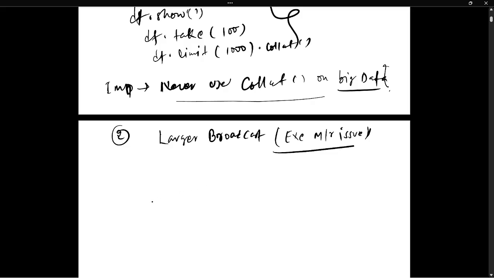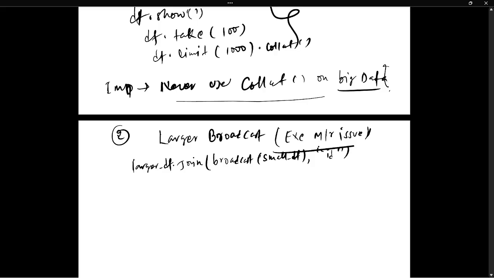First we will understand what a broadcast join is. If we are doing a larger df.join with broadcast, then we are passing the small df, suppose on id.